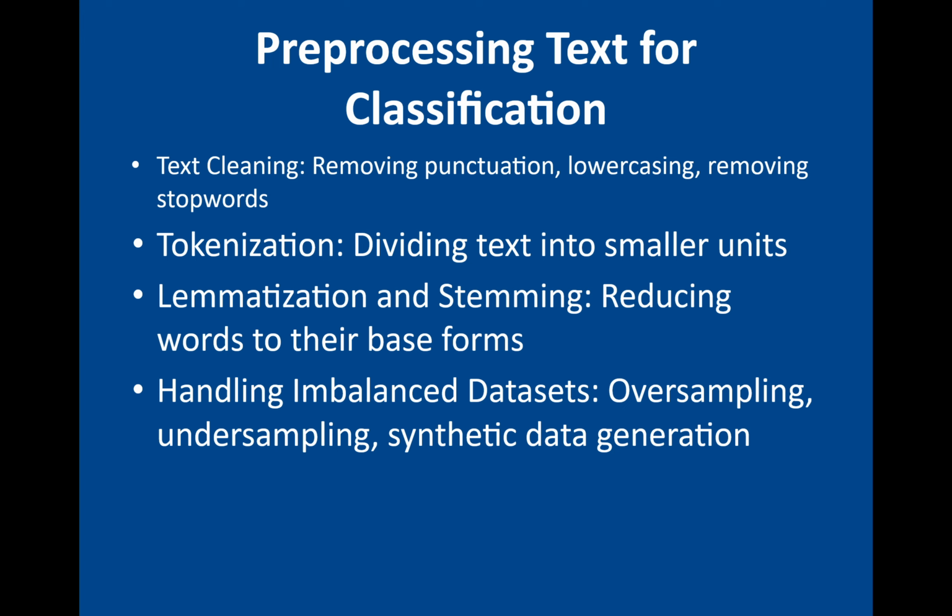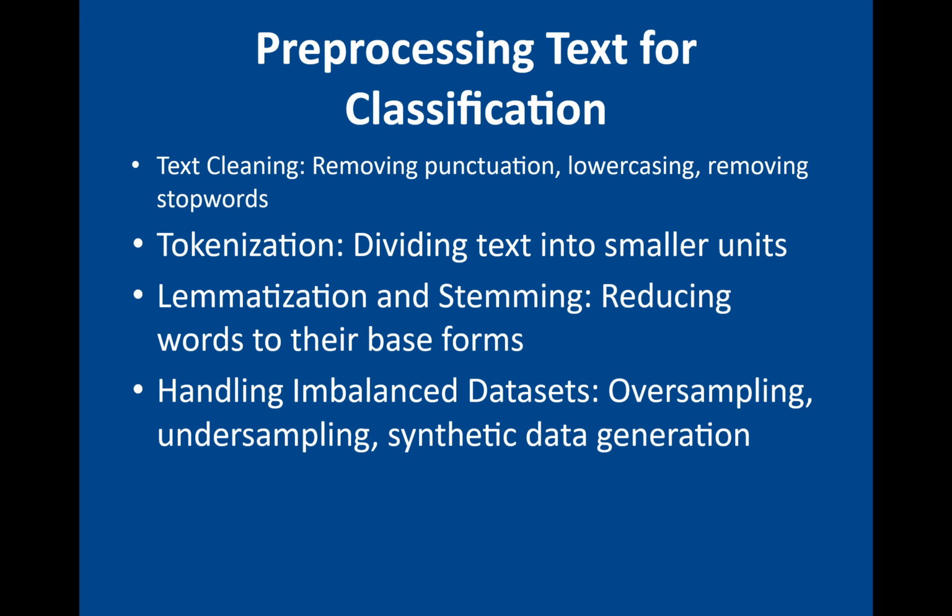Then there is tokenization, which divides text into smaller units, that is tokens, such as words or phrases. Then lemmatization and stemming. Lemmatization reduces words to their base or dictionary form. And stemming trims words to their root form by removing their affixes.